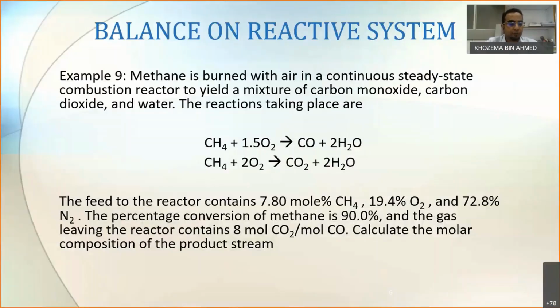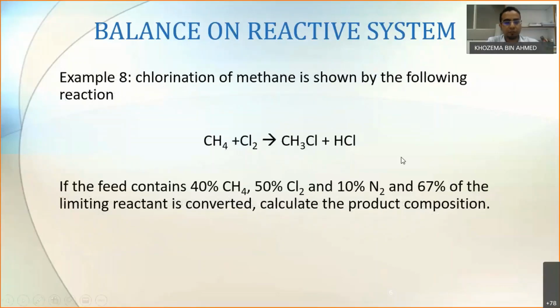So previously we looked at one example where we did our molecular species balance and our atomic species balance. This was the example, chlorination of methane, where we have the feed and then we find the product composition.